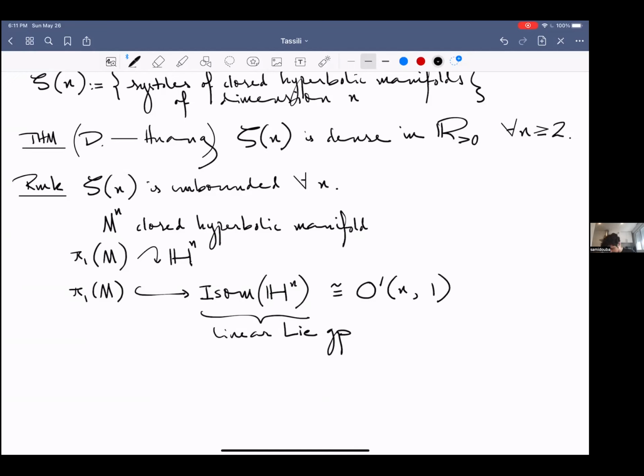I haven't defined this group, but first of all, this group is just the group of matrices of dimension n+1 preserving a Lorentzian form, a form of signature (n,1).